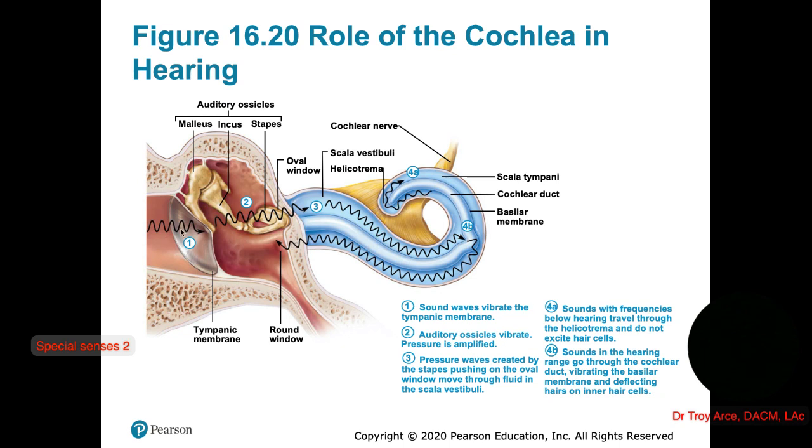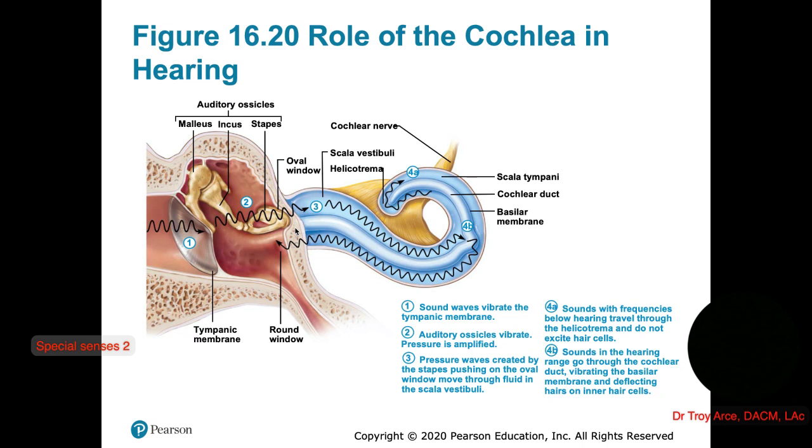Then you have your two, which is your malleus, incus, and stapes, your MIS, the auditory ossicles, vibrate and actually pressure is amplified, right? And this pressure wave goes down through here on 3, and it's created by the last little bone there, the stapes.